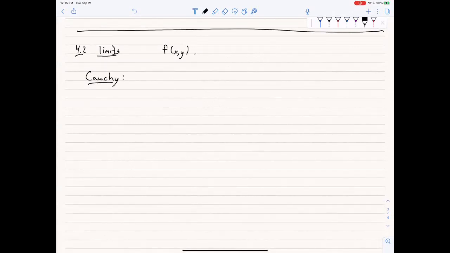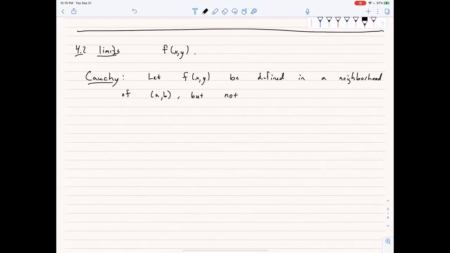So let's let f be defined in a neighborhood of (a, b), but not necessarily at (a, b).